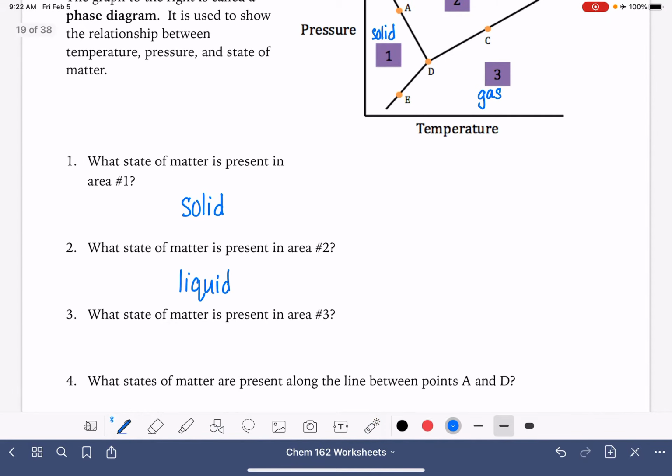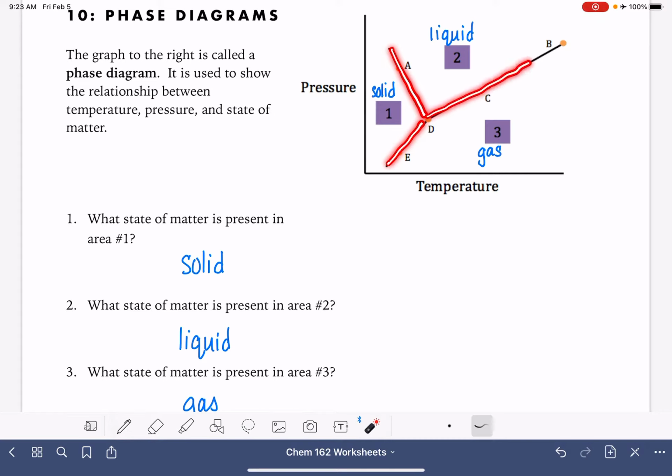The next 2 questions are asking us about what happens along the lines on the phase diagram. The phase diagram is going to have 3 lines that divide these 3 areas. And these lines represent exact pressure temperature combinations where the substance can coexist as the 2 states of matter on either side of the line.